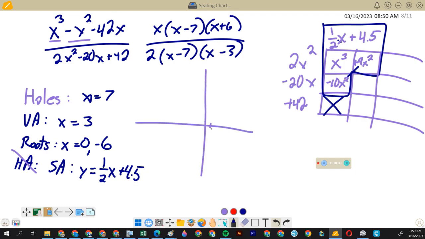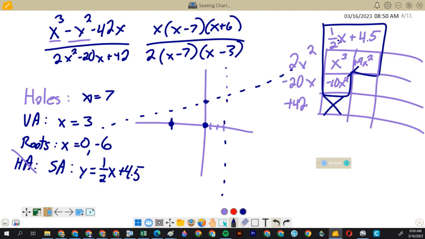VA at 3. I have roots at 0 and at negative 6. I have a slanted asymptote at 1/2 x plus 4.5. So I go up to 4.5, and I have a slope of 1/2.